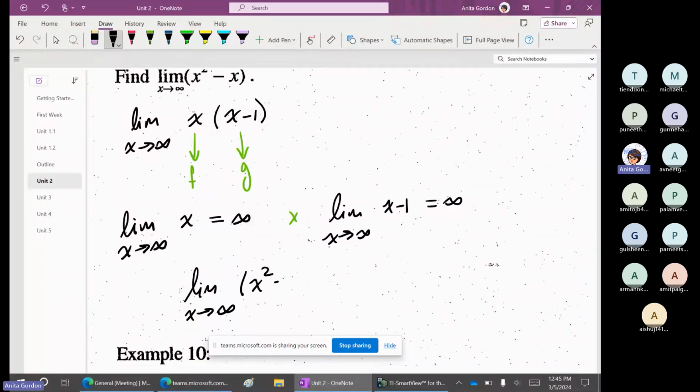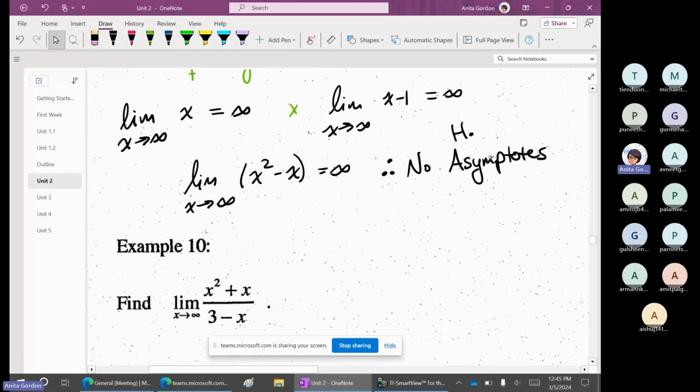Therefore, what is my conclusion? What are we looking for in this lesson? Continuity. No, asymptotes. So no asymptotes. We are looking for horizontal asymptotes. There are no horizontal asymptotes because it goes on and on forever.